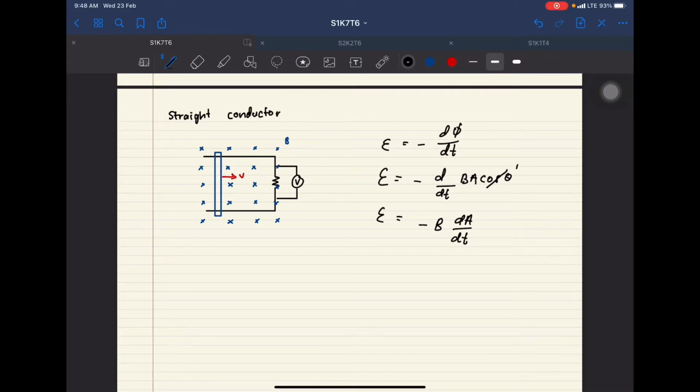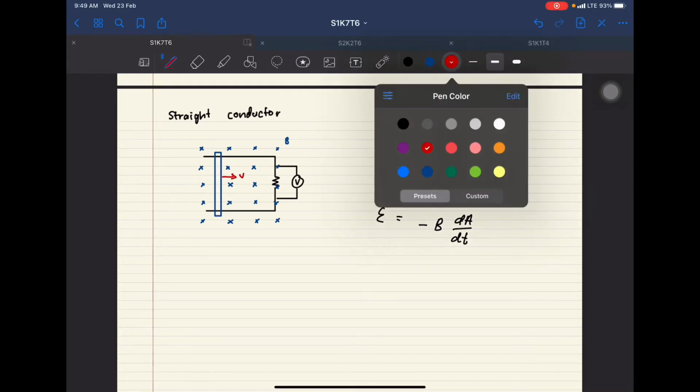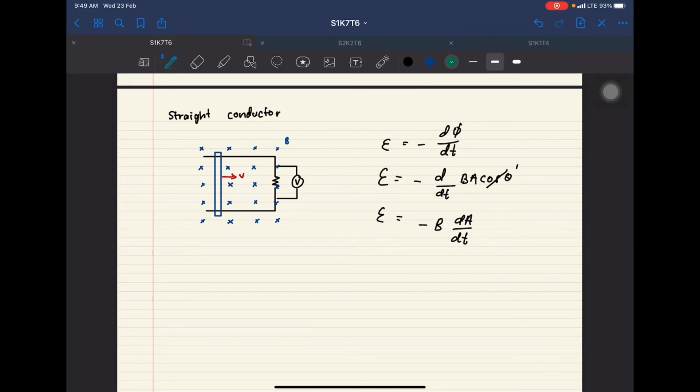Okay, the area covered over here, I can write down as L, which is the length of the straight conductor, and dx, this one is the change. The change that it brings forward or backwards. If it moves, then you expect a change of x there.